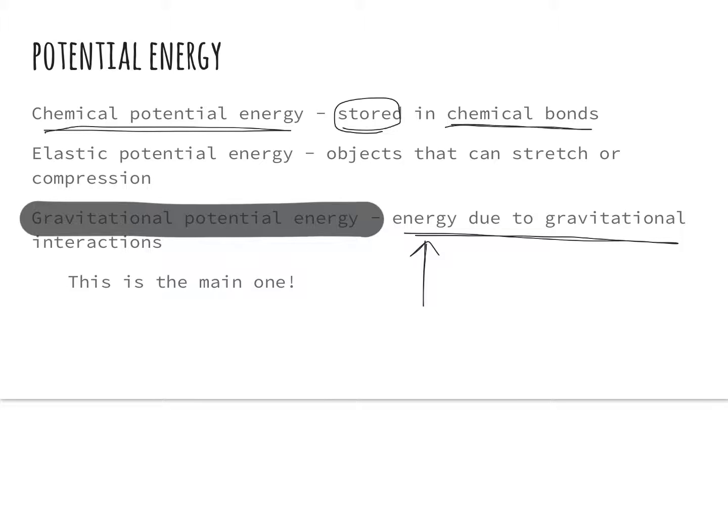And then our other type is elastic potential energy. So anything that can stretch or compress, like a rubber band, a slinky, etc., can store some energy. It's like when you pull a rubber band back and hold it. Because it's stretching, it's holding some energy, and then when you let it go, all of a sudden it can move.